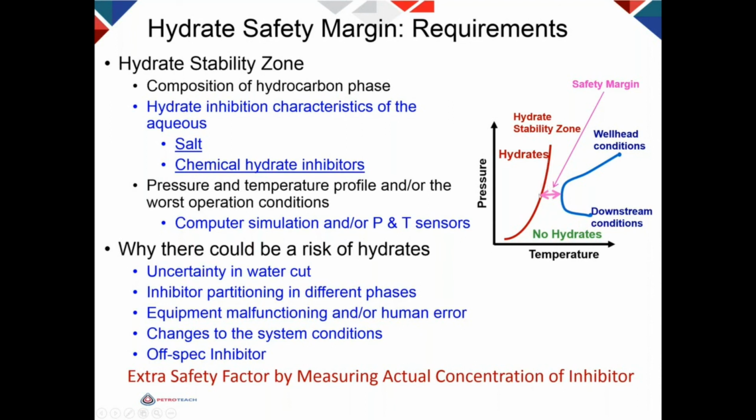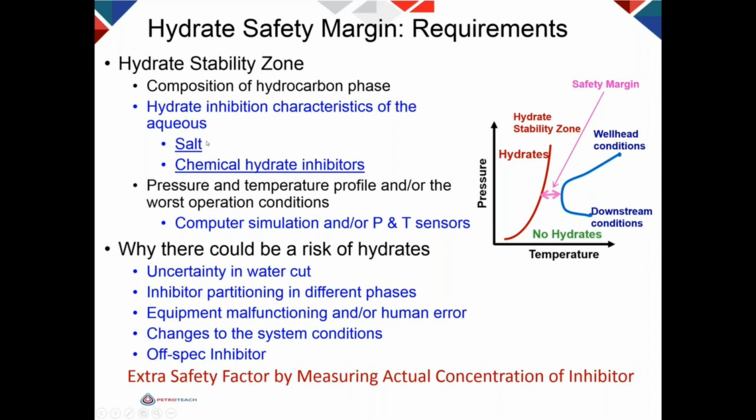But to be able to do that, we need the composition of the hydrocarbon phase, and we need the composition of the water phase. The composition of the hydrocarbon phase within a short period of time doesn't change. The only thing that will change is the composition of the aqueous phase.